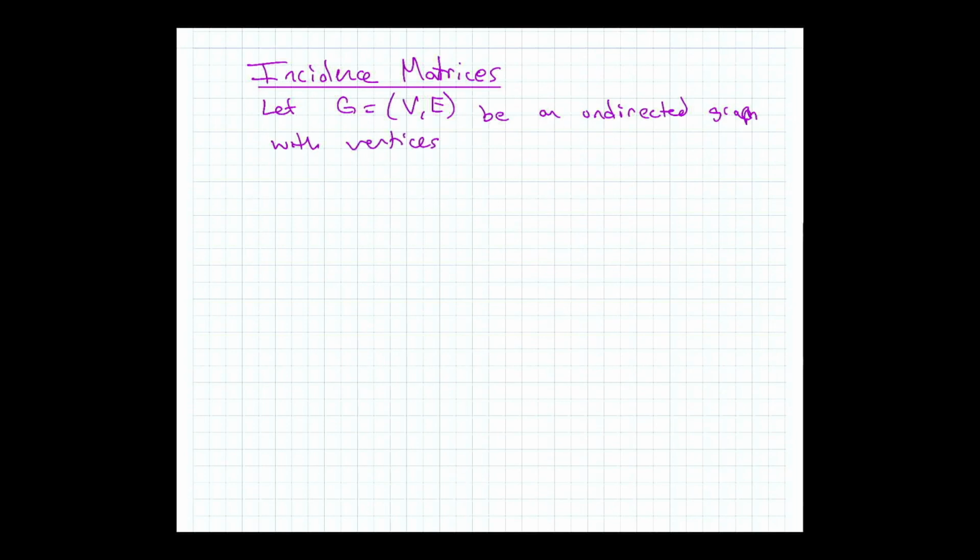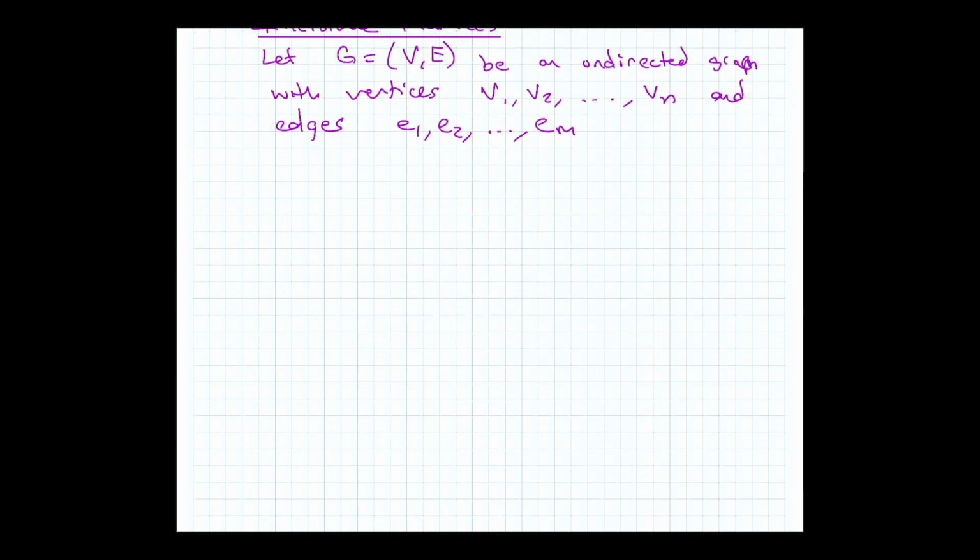I'm just going to say vertices V1, V2, ..., Vn. And then there are also going to be edges E1, E2, ..., Em. So we're going to actually be talking about the specific edges. Okay, so then you define your matrix this way.